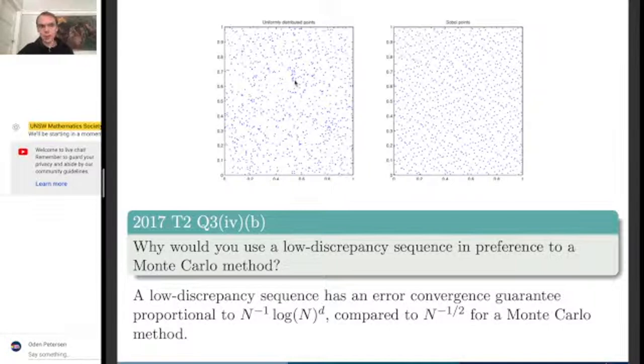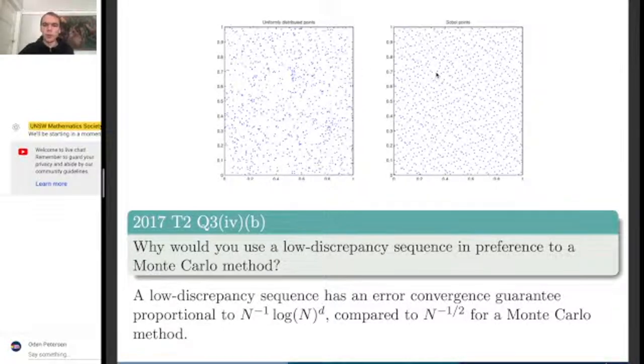And if the function is smooth and continuous, that will tend to mean that samples that are close to each other in x will also be close to each other in terms of the output of the function at that point. And so we're getting a lot of samples that are very highly correlated with one another, which is maybe not so good.